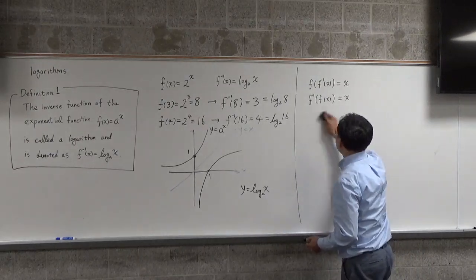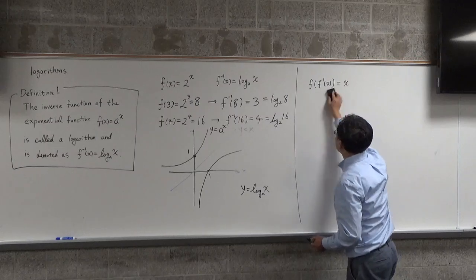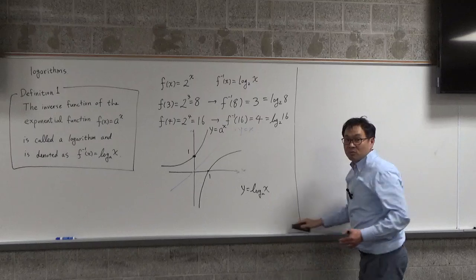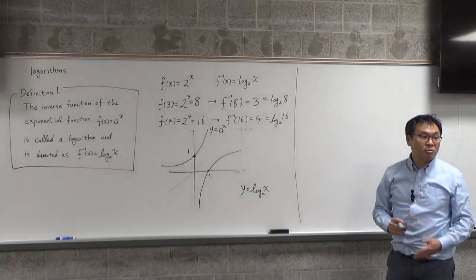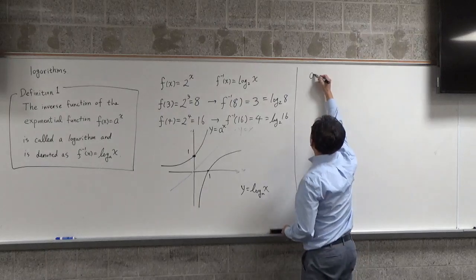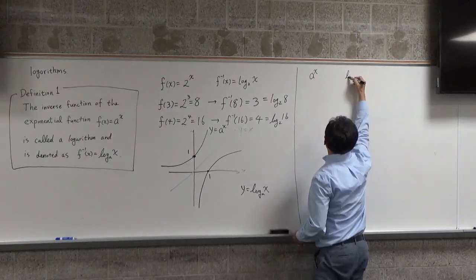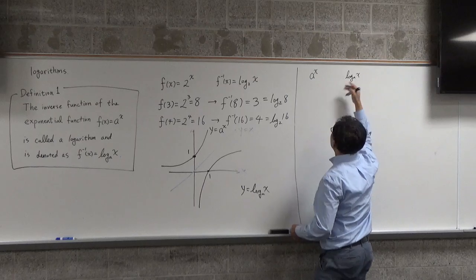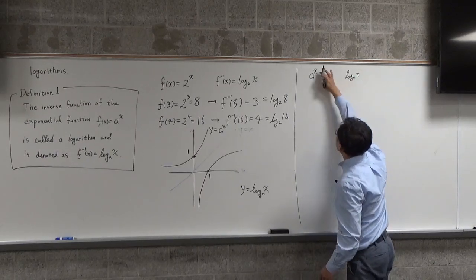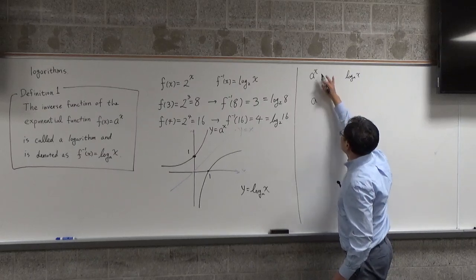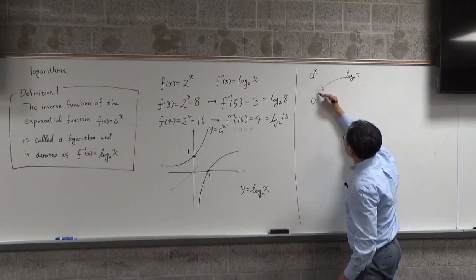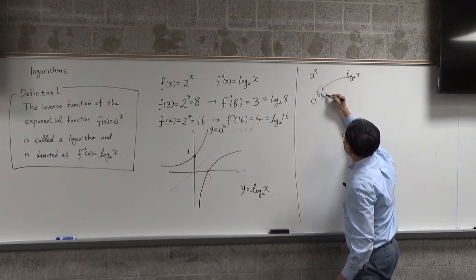So let me write down the second definition, inspired by the fact that the inverse function and the original function cancel each other. If I take a to the x and log base a of x, and plug one into the other, let's start with this one. If I take this one and plug it in here, you erase this x and put this in here, so you have a to the log base a of x.